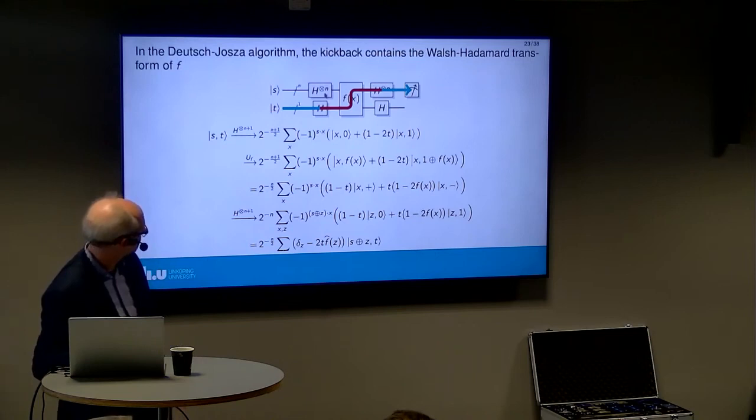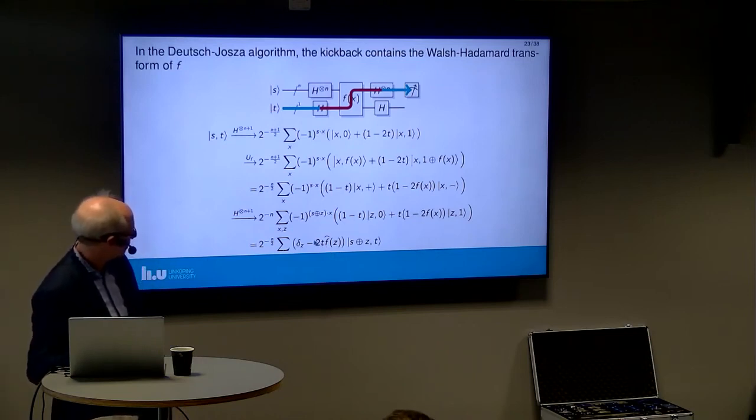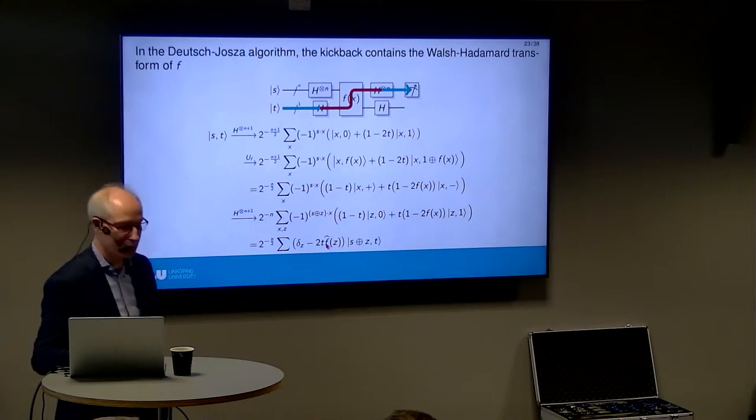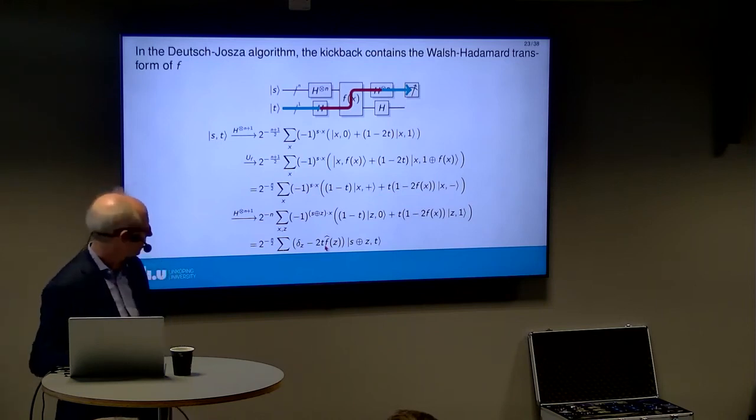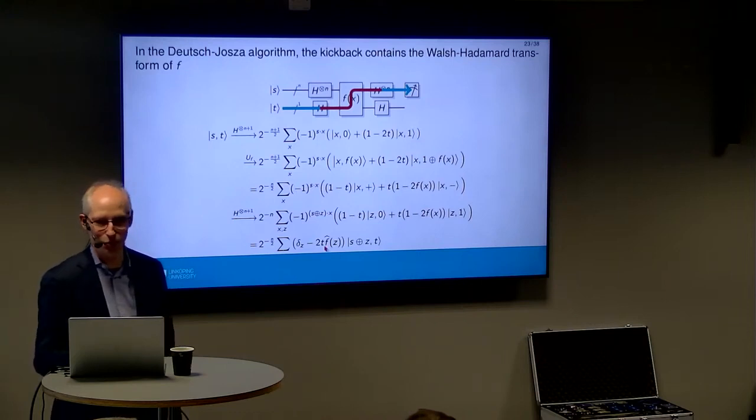And what happens here is a complicated calculation, and what you arrive at here is something that contains the Fourier transform of f. Those of you who are engineers know what the Fourier transform is. It's actually the discrete bitwise Fourier transform mod 2, but f hat.